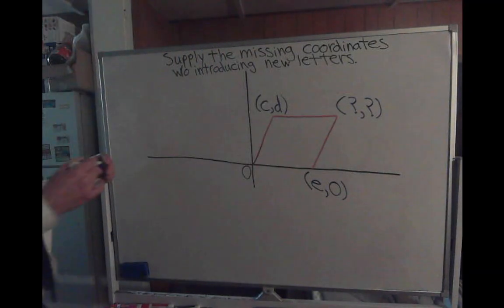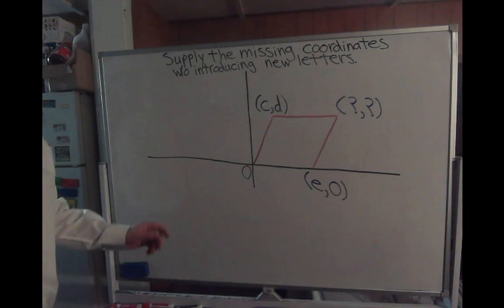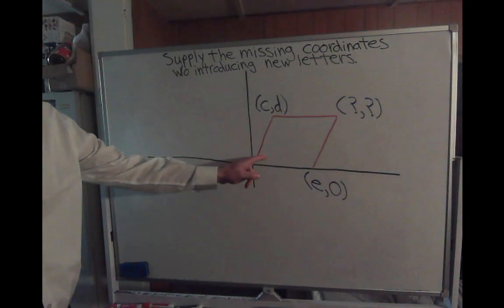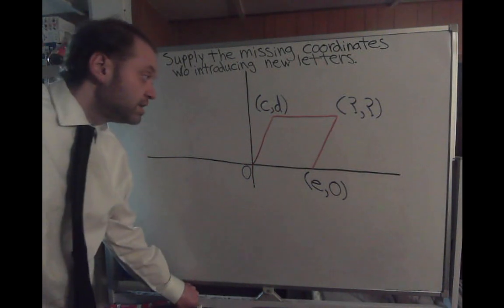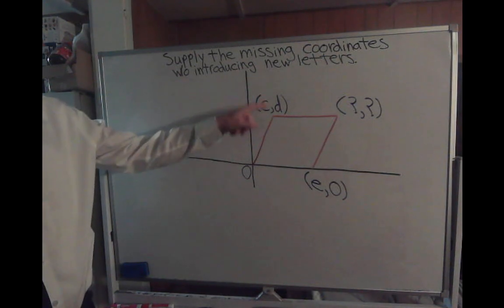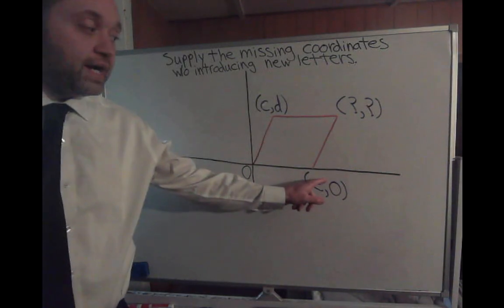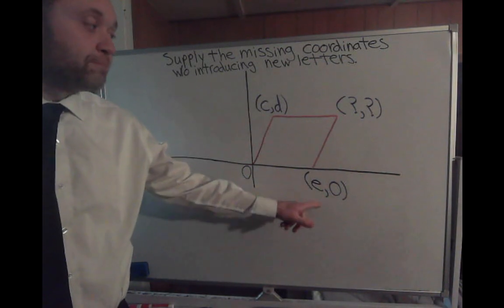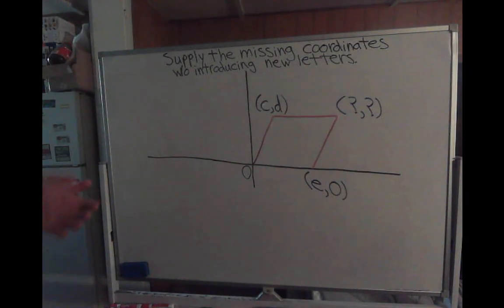So you have a parallelogram here with, of course, the bottom left vertex at the origin at 0, 0, the top left vertex at C, D, the bottom right at E, 0. We don't know the coordinate of the top right. Well, where would we go?